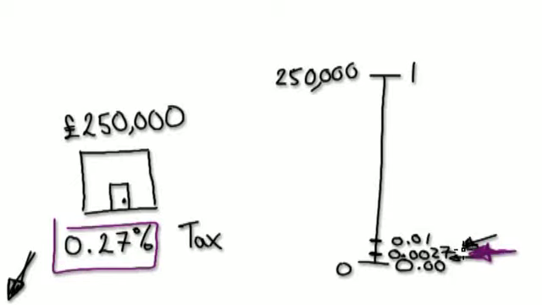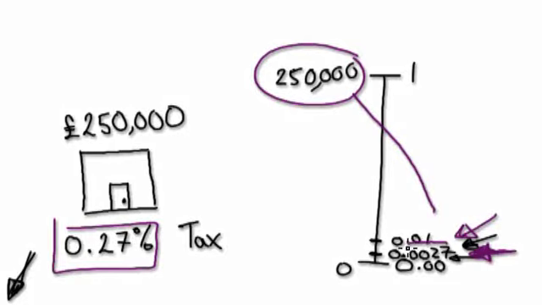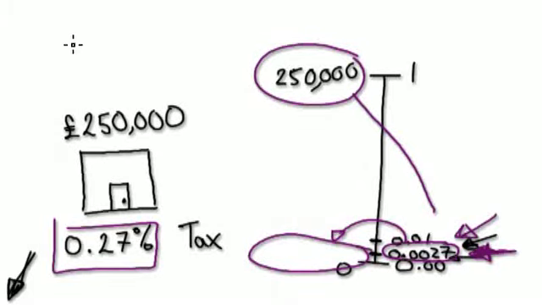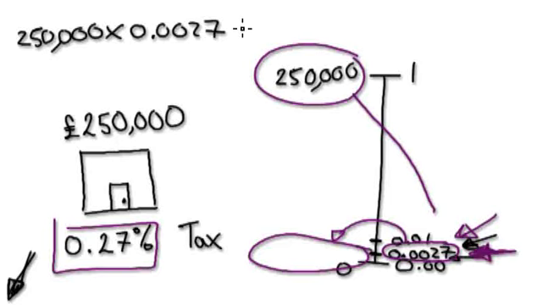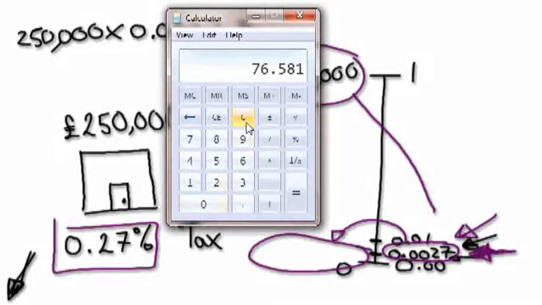Well, anyway, once you've got this decimal here, which is the hard part, now it's just get this times this middle bit here, and then that will give us what we want to know over here. So it would be this 250,123 times 0.0027.